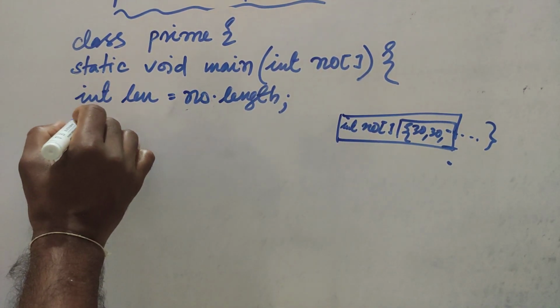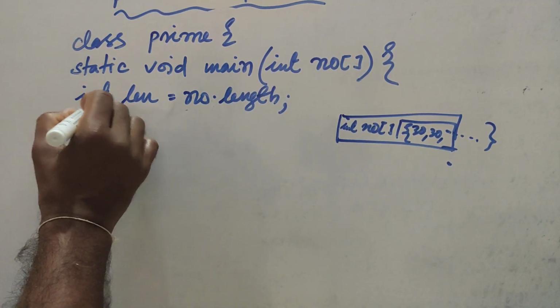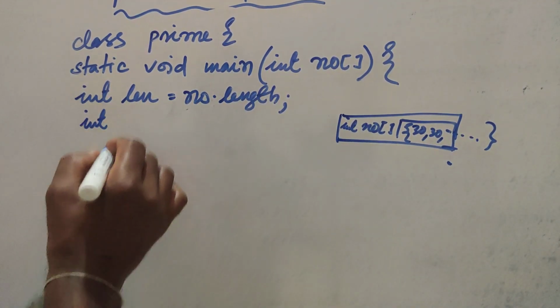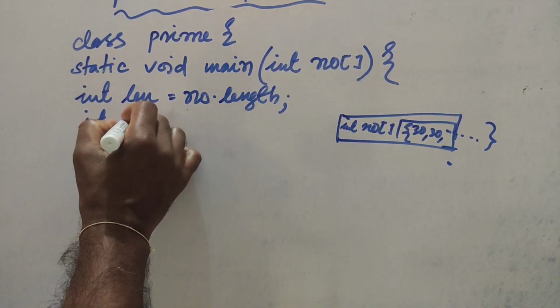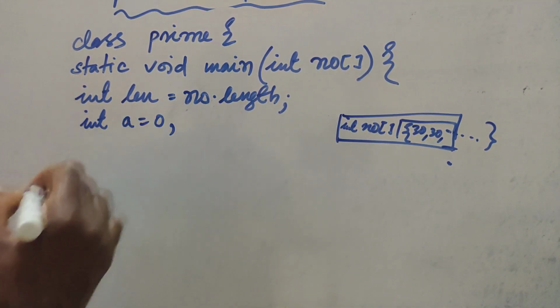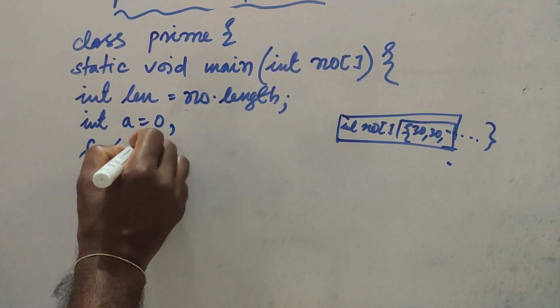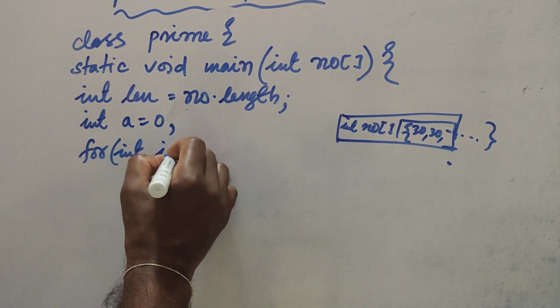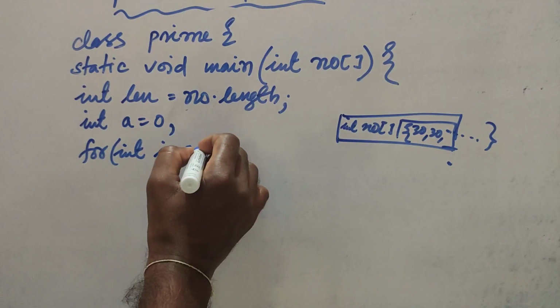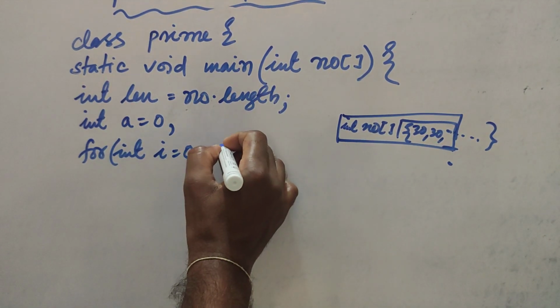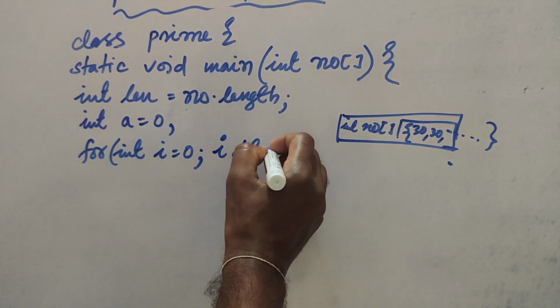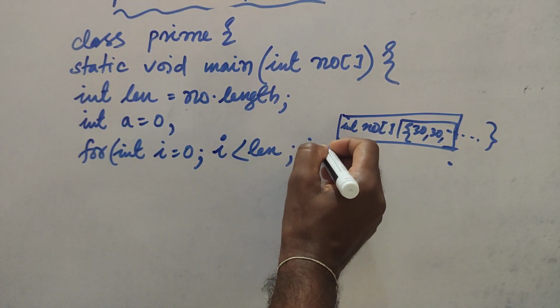Now for the prime number concept, to display the prime numbers, I am taking one variable, suppose a equal to 0. Loop: for int i equal to 0, i less than length, i plus plus.